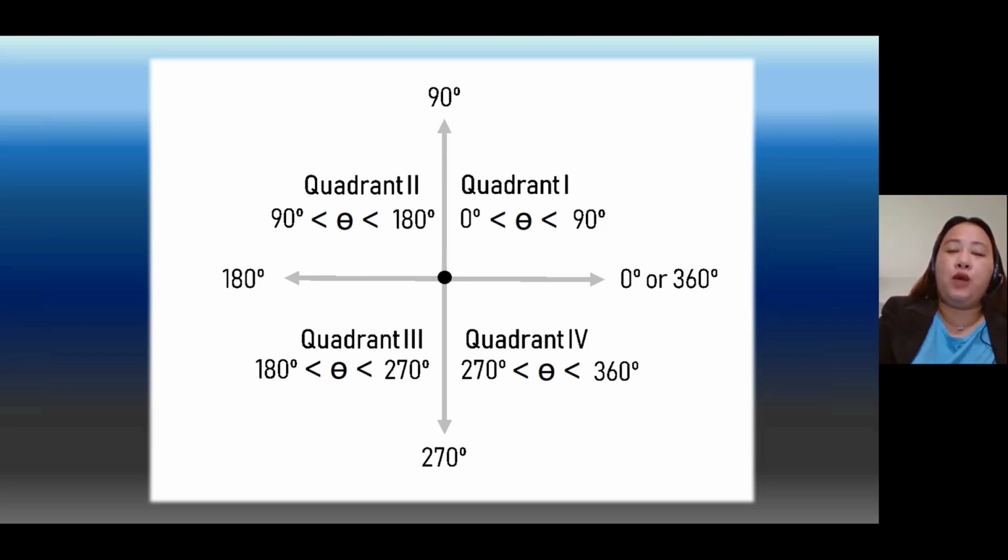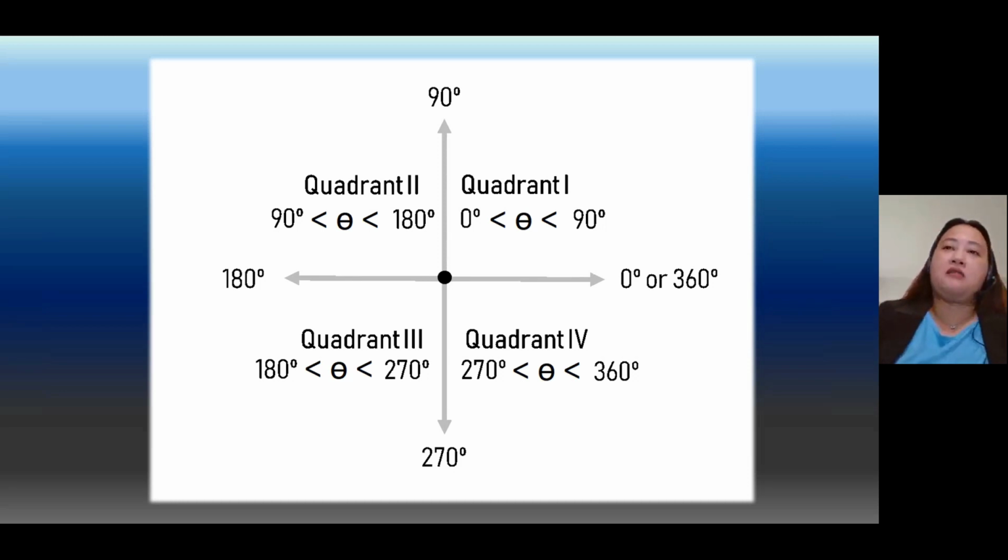On the lower left, we have quadrant 3. The angle measures between 180 degrees and 270 degrees. And in quadrant 4, on the lower right, the angle measures between 270 degrees and 360 degrees.